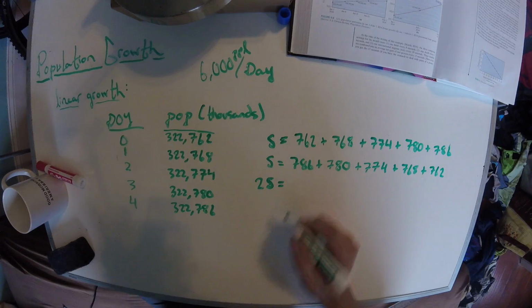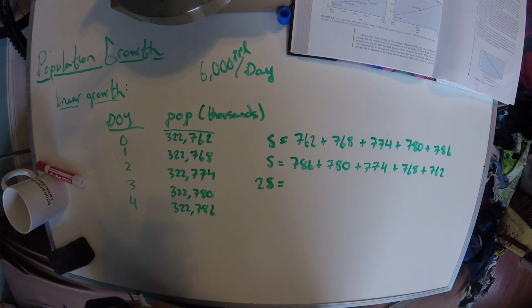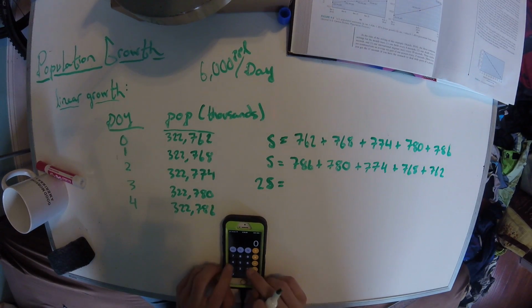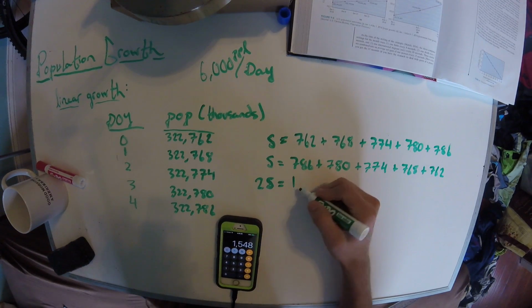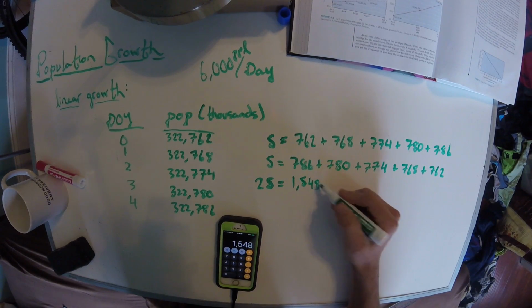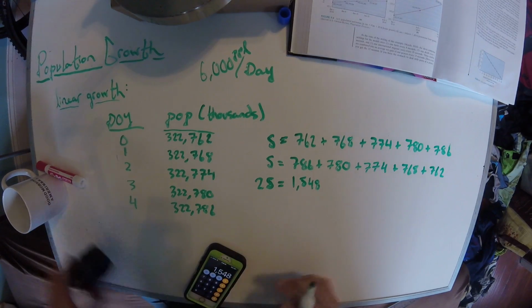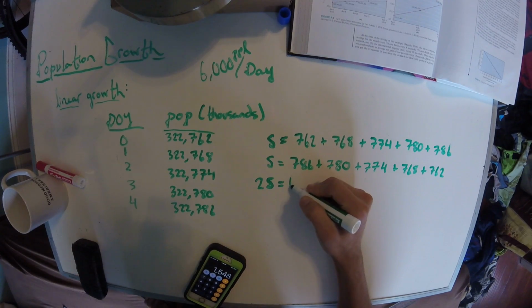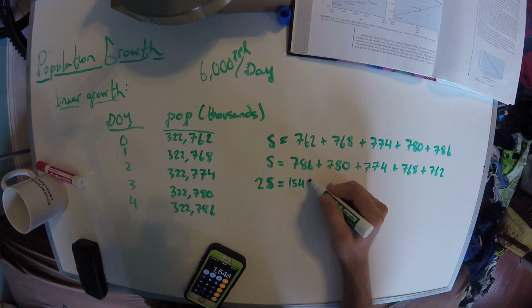And so for the first set of terms, I'm just going to open up my calculator here. Okay, so first let's do 762 plus 786, and that's equal to 1,548. And I'm going to try to write that a little bit skinnier so that it fits directly under the 2S. 1,548.